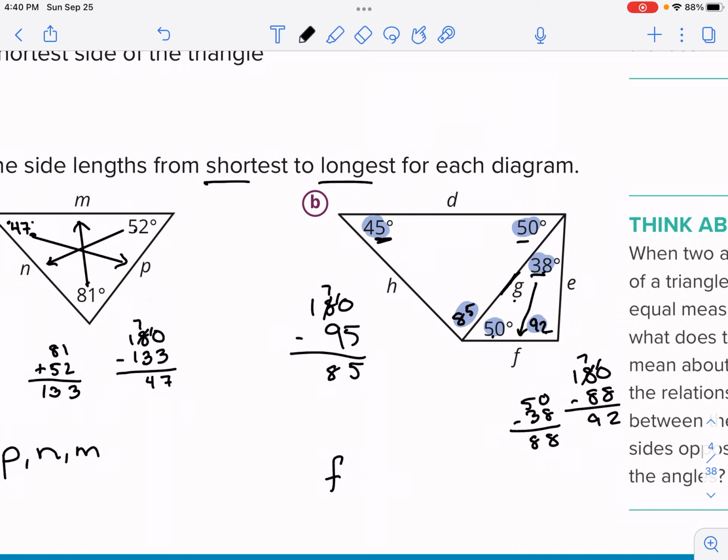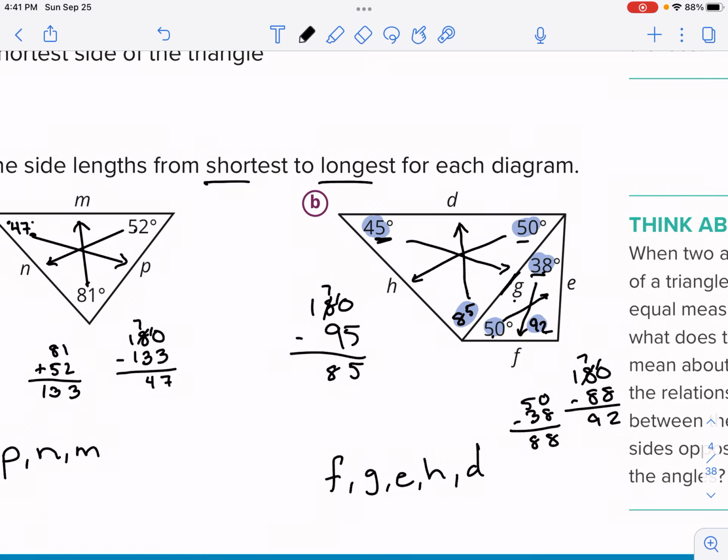So that means the one that's across from that is G. Then we have 50 right here. The one that's across from it is E. But we also have a tie here because this one's also 50. So yeah, I'll just put E and then H will go in alphabetical order. And then from here, the biggest one is 85, which will lead to D.